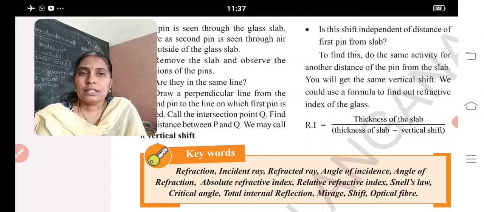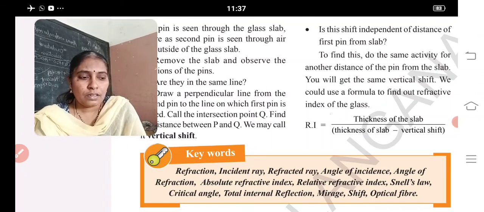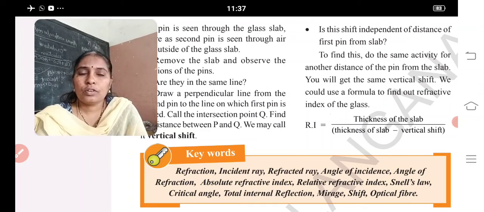And what are mirages? Generally on the roadside, the temperature is very hot compared to the altitudes, that is the heights. As we move towards the height, the atmosphere is very cool, that is, temperature decreases. When temperature decreases, the density of air increases.